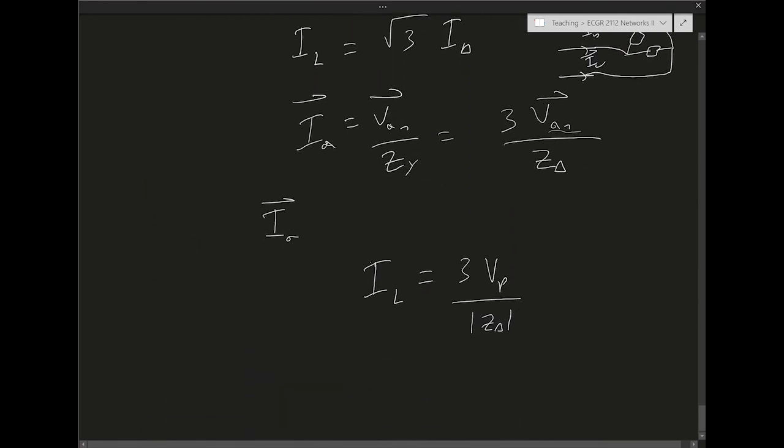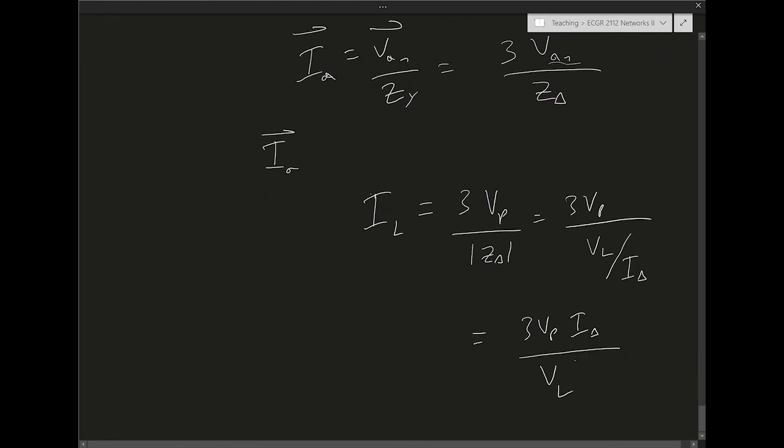So the magnitude of Z delta is the line to line voltage, which is VL, over the magnitude of the delta current IAB, which is I delta. So IL is 3 VP over VL times I delta.